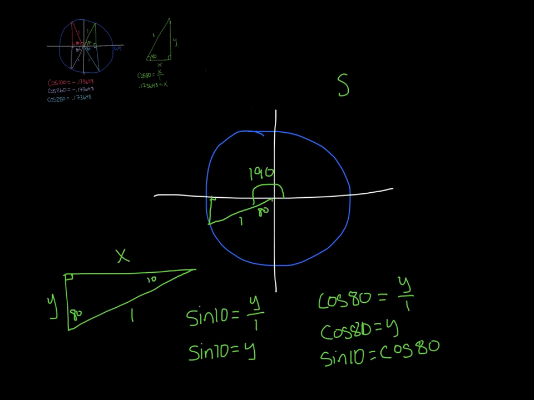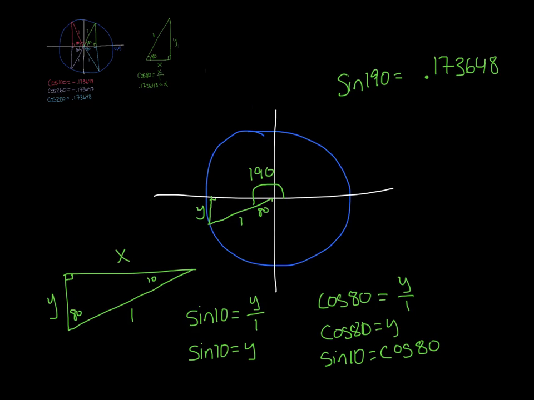So here, I'm going to write this over here. We know that the sine of 190 is going to be, now I'm going to leave a little space here because we're going to have to talk about this for a second. It's going to have something to do with this 0.173648. But remember, we're talking about this value here. If I draw the y in, it's that distance.